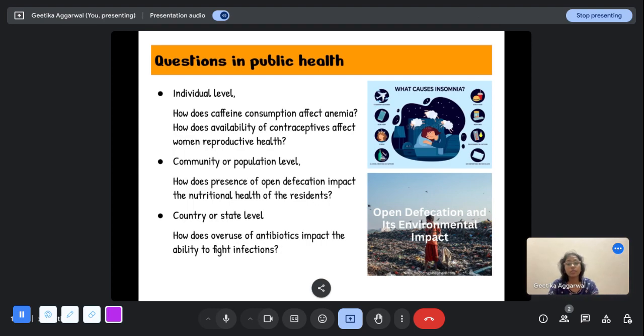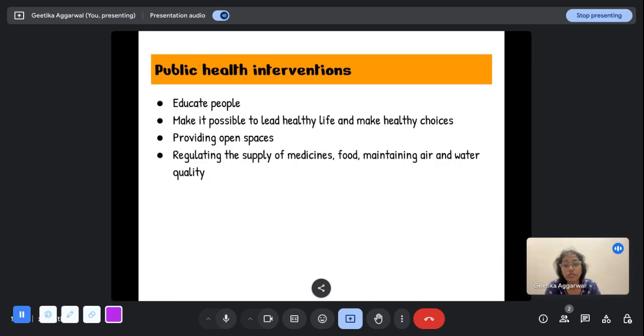So these are certain questions that can be asked in public health, and once you've asked these questions, only then can you set up the public health interventions that medical officers, or in general the stakeholders involved in public health, can take.